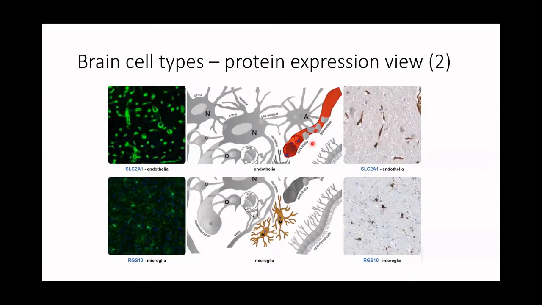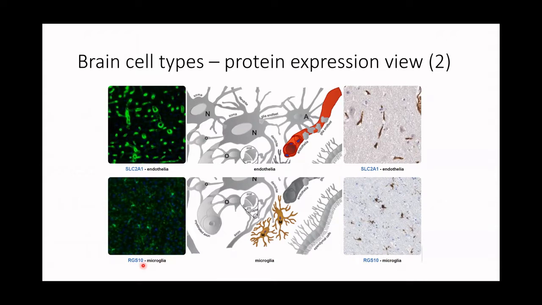These are endothelial cells. SLC2A1 is enriched for expression. It's a marker protein for these blood vessels. And you can see here these different brown indications. And similarly for microglia, these immune cells which protect the brain against pathogens, you can use this protein called RGS10.